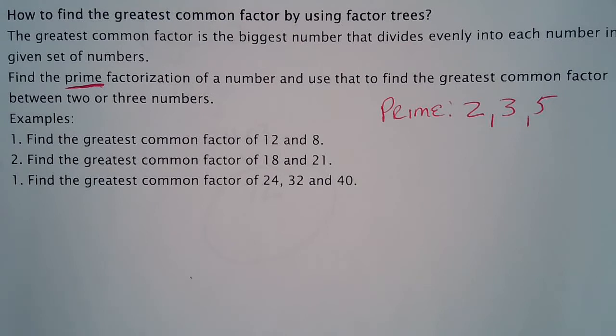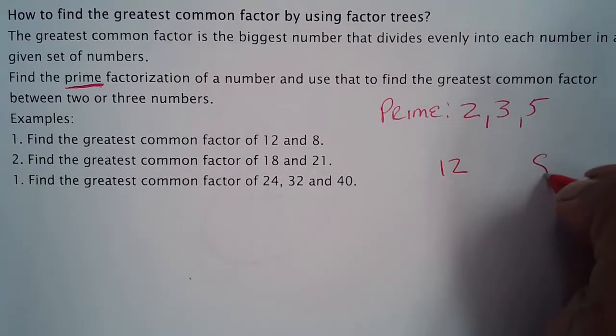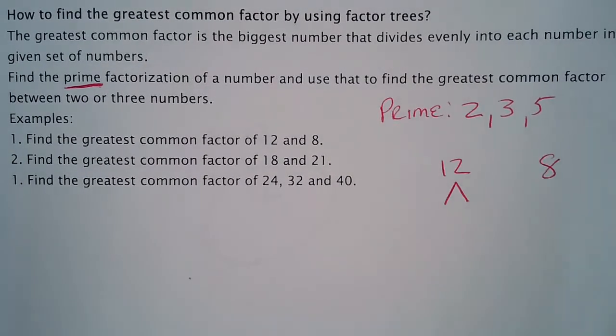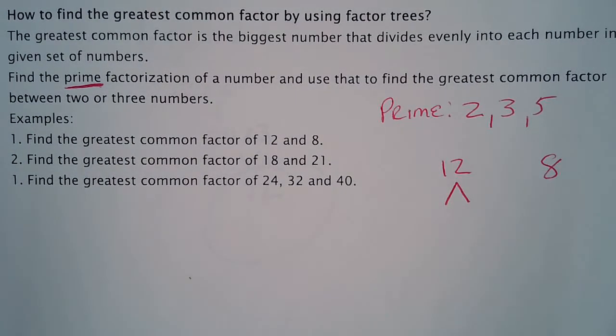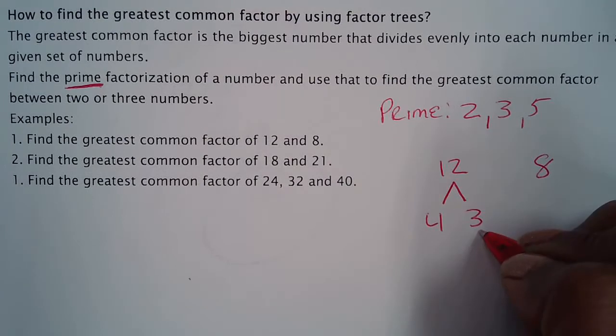So we're going to work number 1 out together, and hopefully this will freshen your memory about using the prime factorization tree to find your GCF. In our number 1, we have 12 and 8. I'm going to start with 12. So we want to find two numbers that we can multiply to get 12, and I'm going to use 4 and 3. 3 is a prime number, so I can't go any further with it.